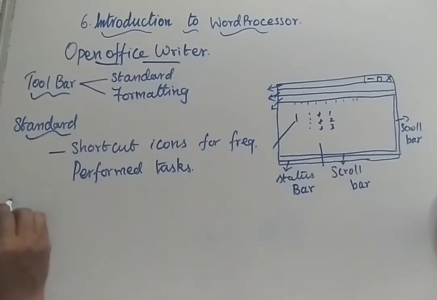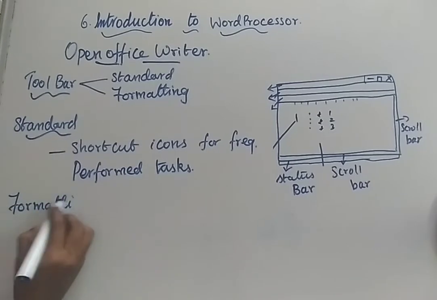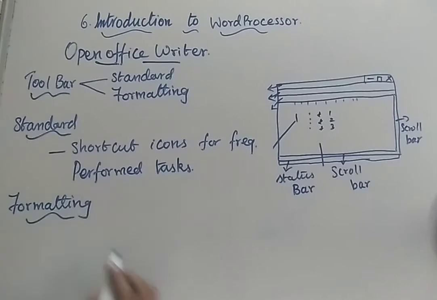Next, we are going to have the formatting toolbar. Formatting means, by the name itself, what style, what format, and what font size you are going to have, and that will be displayed in this formatting toolbar. So here you can format the text.